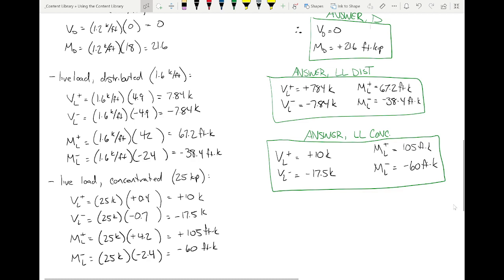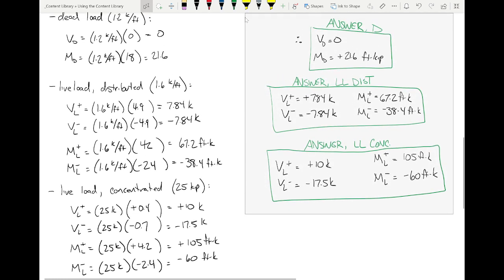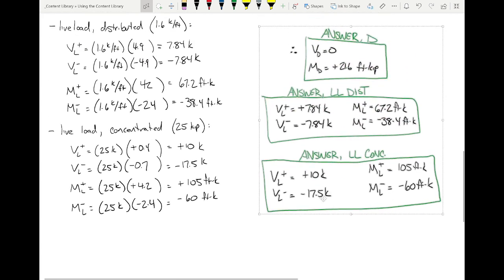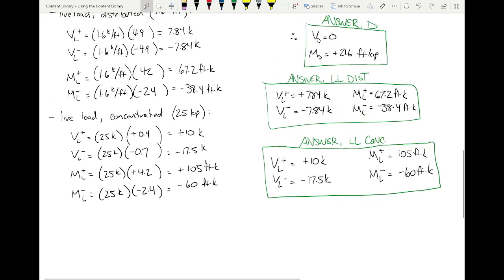How would I determine the overall envelope? So let me drag this down a little bit. How would I determine the worst case positive shear? So wouldn't I just add these two?